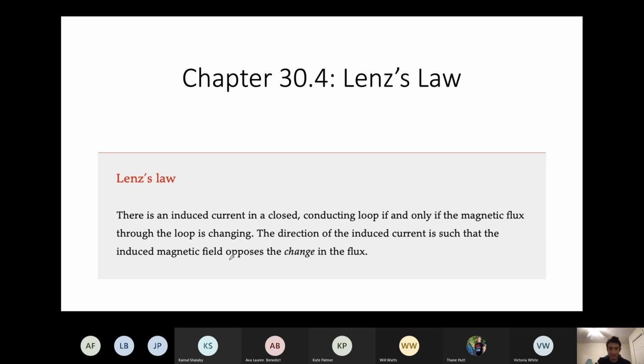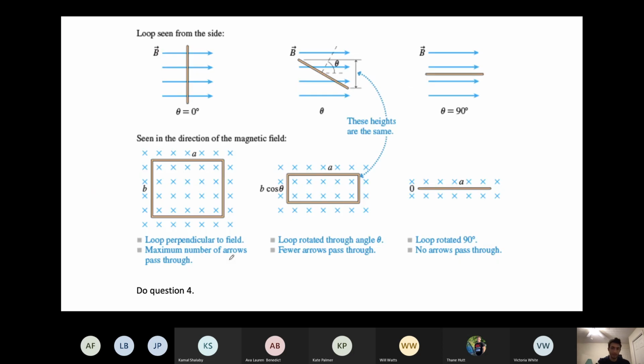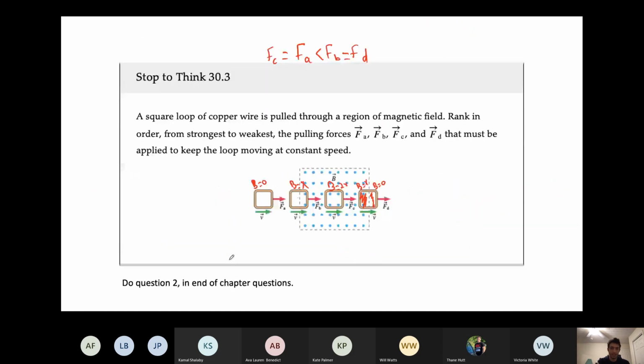It's just the same thing we've been doing over and over again. If you look at this example, this is an area, and here there's a magnetic field. As you get into the magnetic field, the flux is changing. You had in the beginning no magnetic field, then you start to have a magnetic field. So the flux is changing.